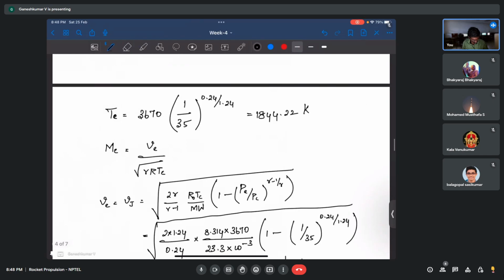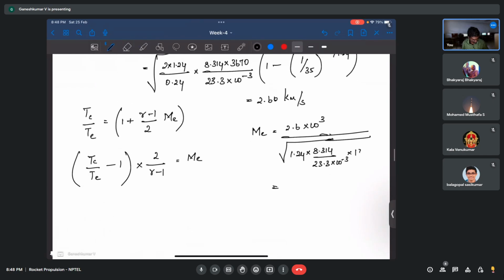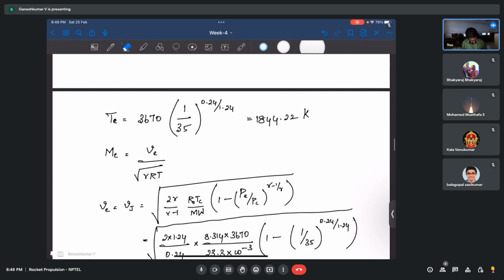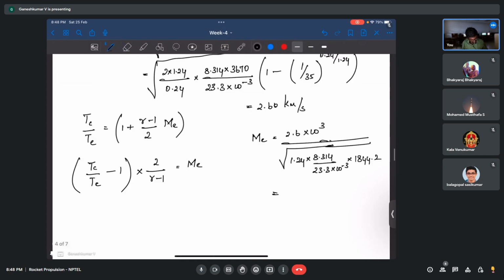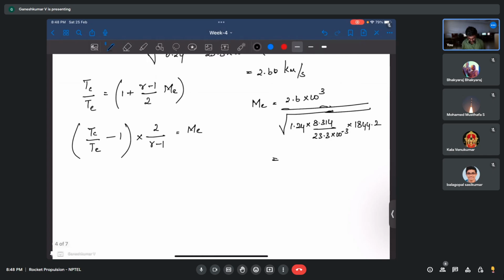It is the exit temperature, 1844. How much are you getting for the Mach number?